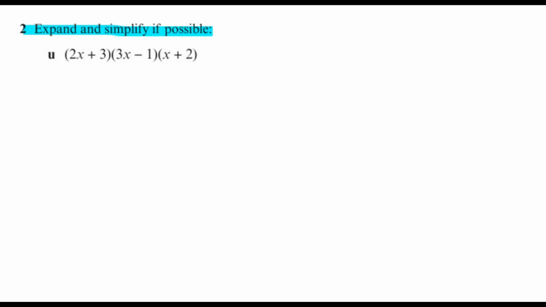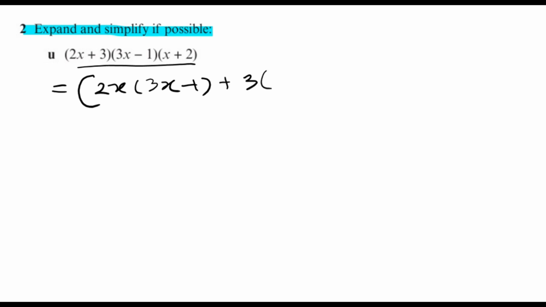Move to question number 2, expand and simplify if possible. Here we can see 3 brackets are there. Choose any 2 brackets to first simplify. So I am choosing the first 2 brackets, 2x plus 3 and 3x minus 1. For that, just put a big bracket first. 2x multiply with 3x minus 1 plus 3 multiply with 3x minus 1.